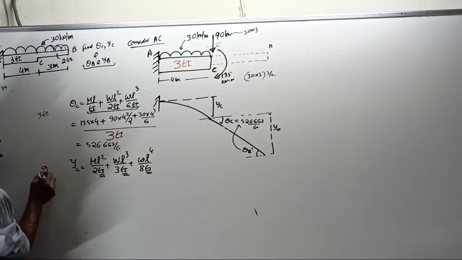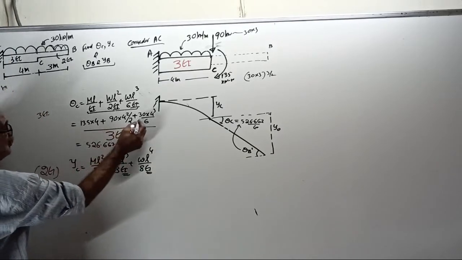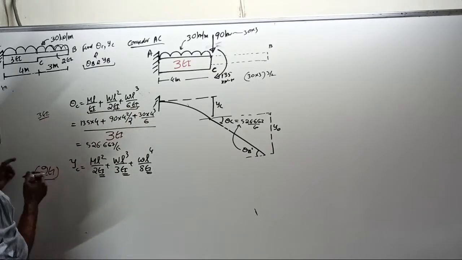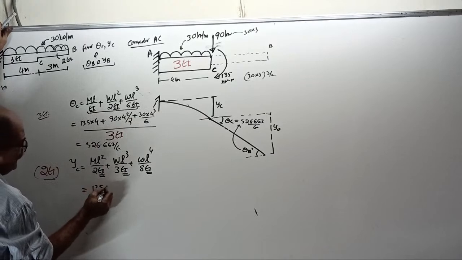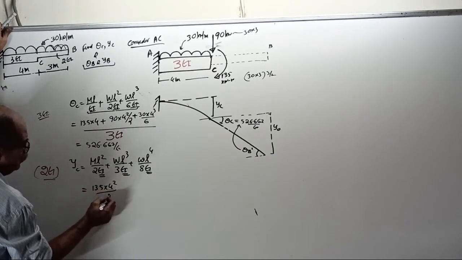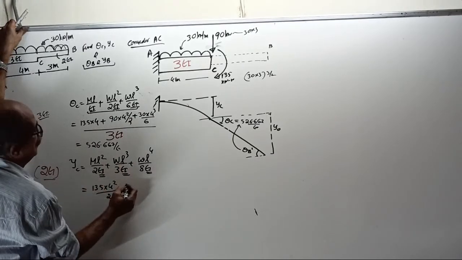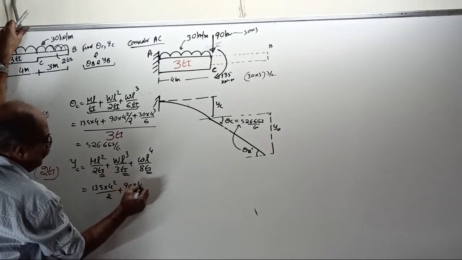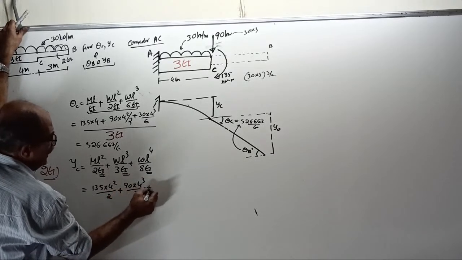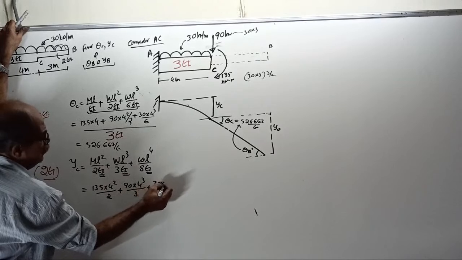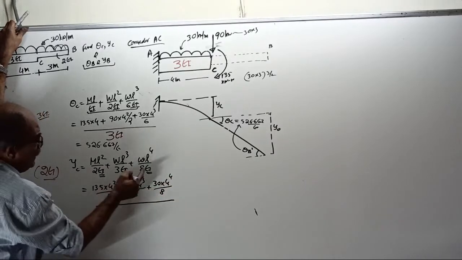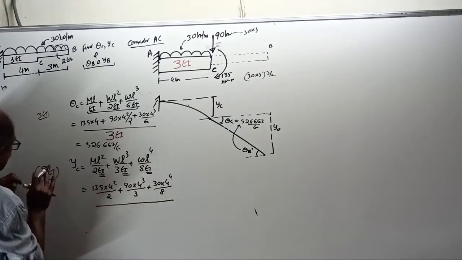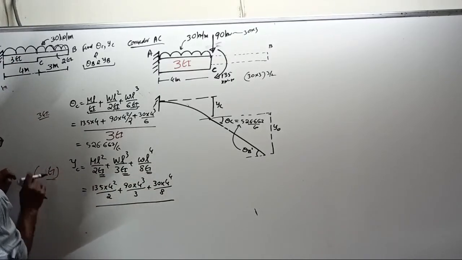It should be 3EI. So, M couple 135 into 4 square by 2, plus W 90 into 4 cube by 3, plus 30 into 4 power 4 by 8. All this divided by 3EI.